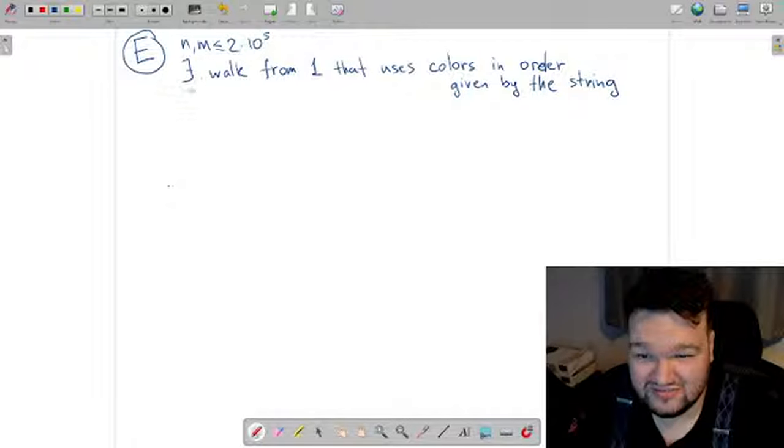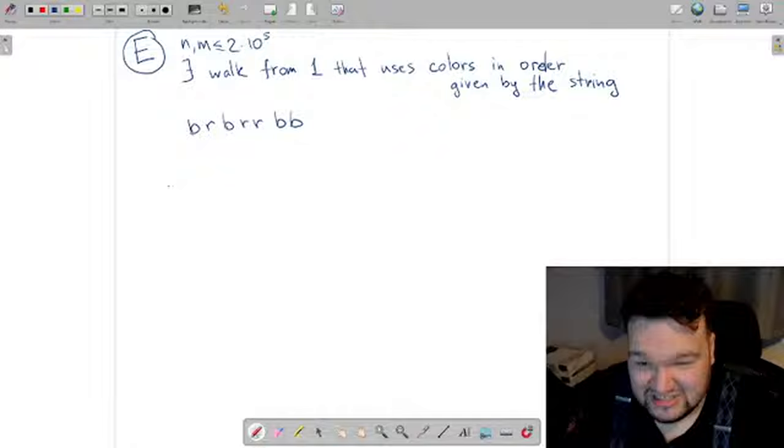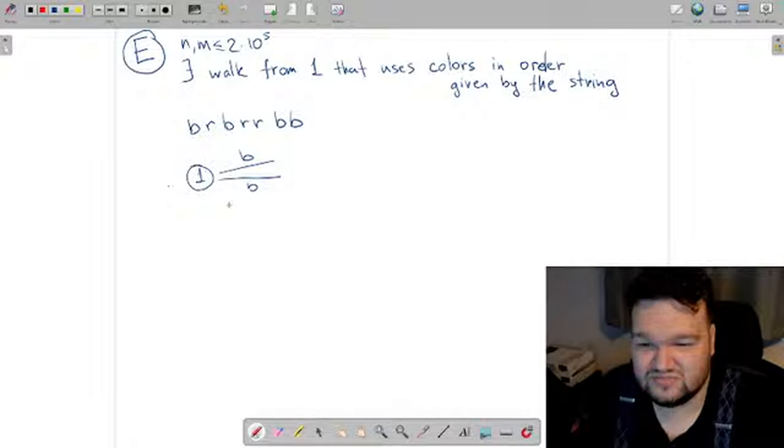So we have some string, let's say it's blue, red, blue, red, red, blue, blue. Let's say that this is our smallest counter case. So we start at vertex 1, then we have some blue edges, and we have some red edges.